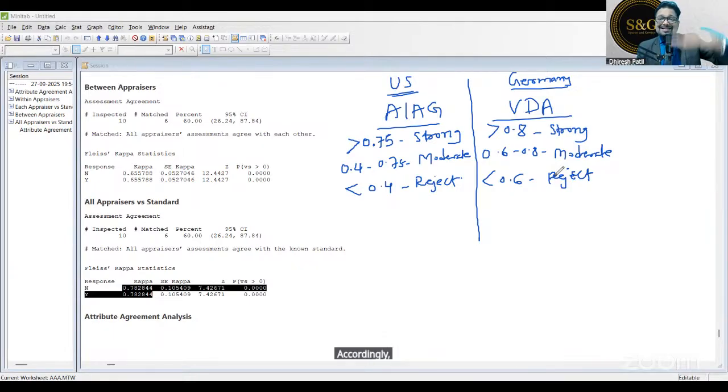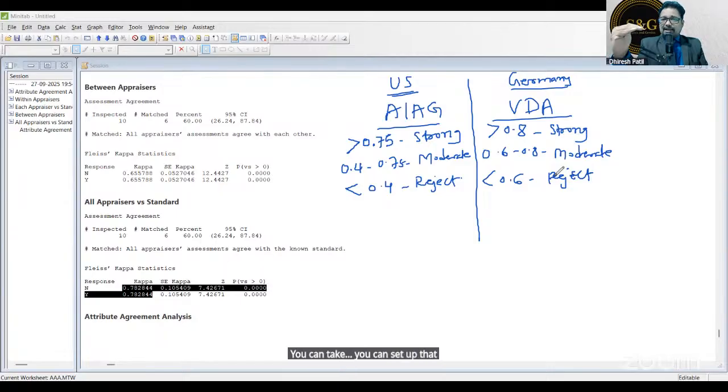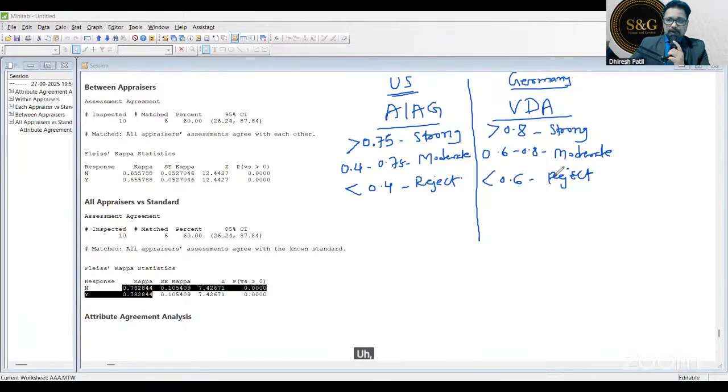Accordingly, you can set your scale. I'm just giving you an analogy so that you can take your call. For every industry, scenario and context, you can set up that you will reject anything below 0.6. If you set up like that, that is also okay. Clear, everybody?